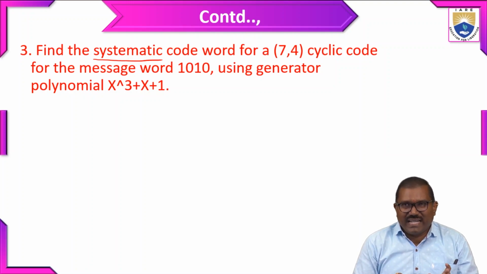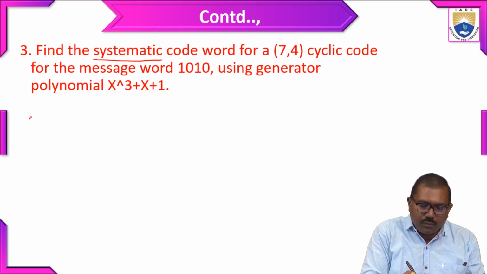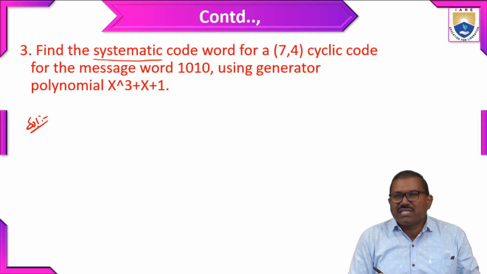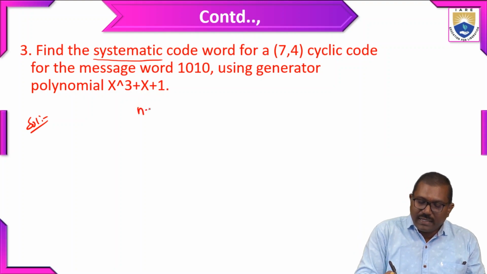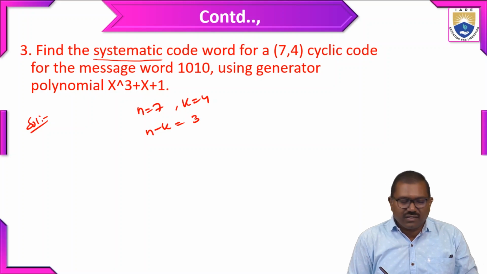Now this is g of x, the generator polynomial. Okay. So for this problem, first you write what is n, what is k, and what is n minus k. So n is 7, k is 4, n minus k is 3. 7 minus 4 is 3.